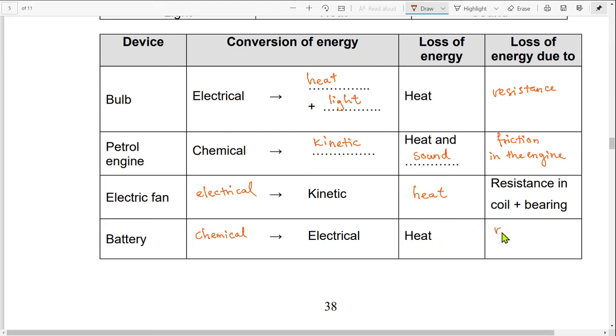Because of the resistance in the electrolyte. So this gives rise to the internal resistance. Okay, we have learned this in Form 5. We used small r for this.